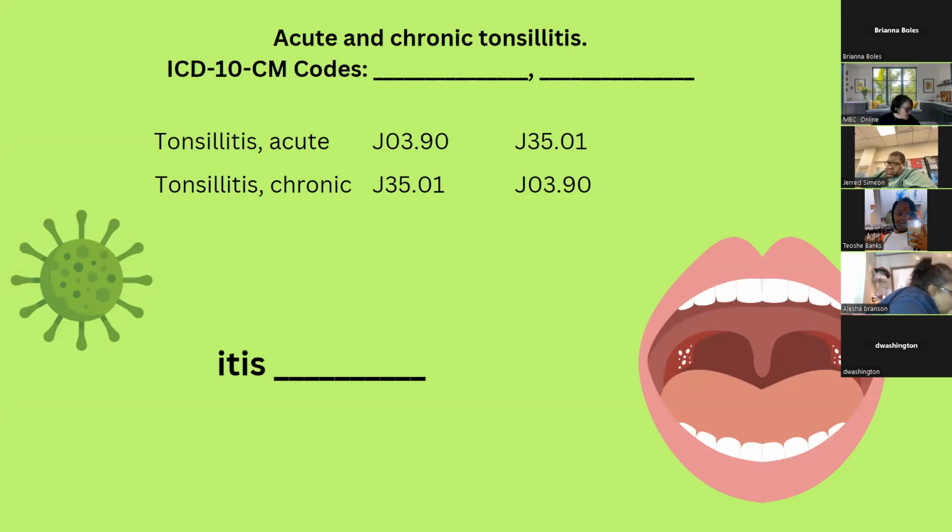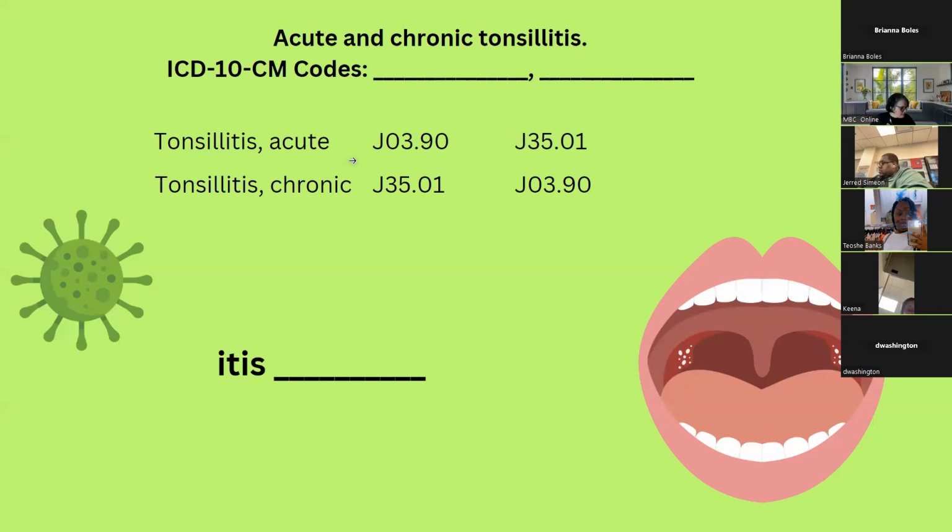So would acute tonsillitis be J03.90 or J35.01? Let me see. J03.90. Do we agree? Acute.